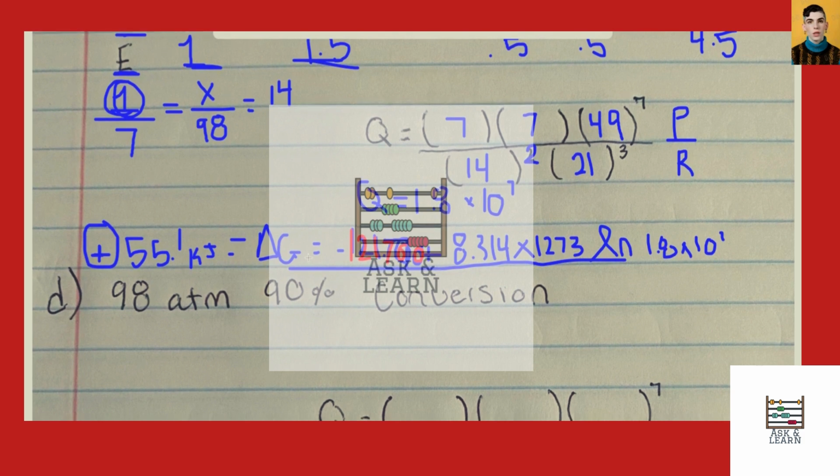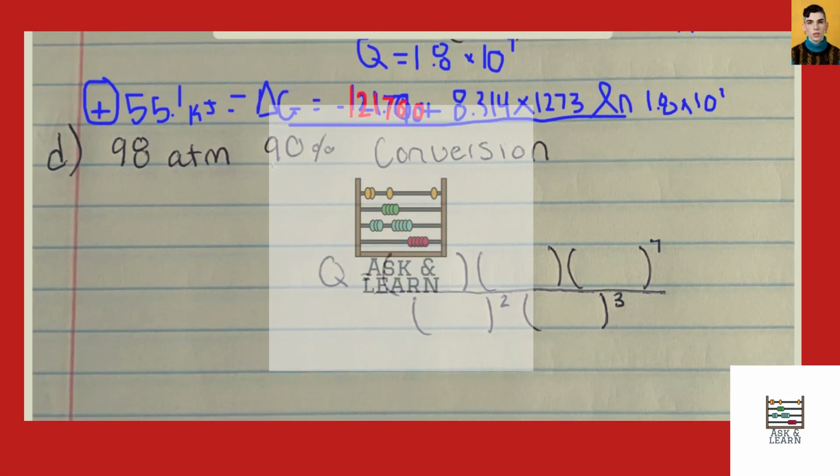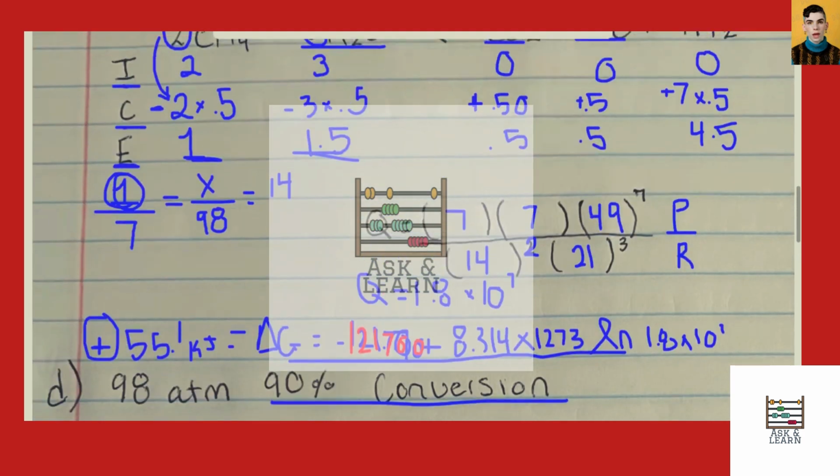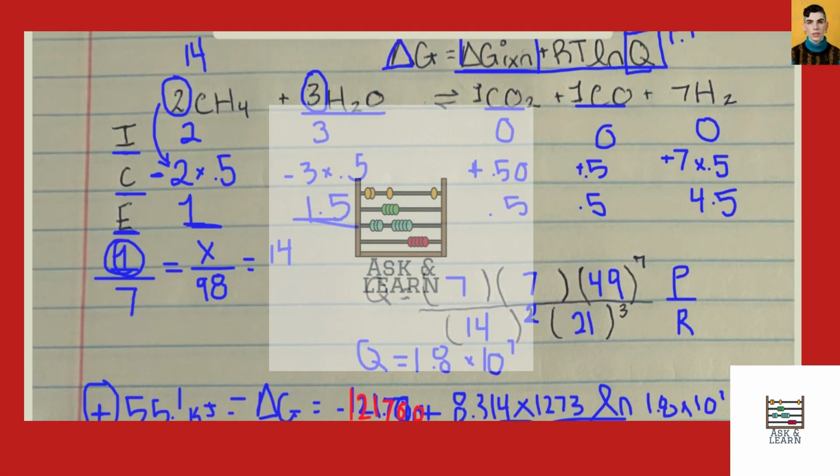All right, so we're going to do the exact same thing for our 90% conversion. I haven't written out our ice table, but you're going to do the exact same thing. So instead of 0.5 here, you're going to want to put 0.9. And then you're going to do the same exact thing using a ratio to solve for the partial pressures. I'll do red for this second problem. So 0.9, 0.9, 0.9, 0.9, and 0.9.